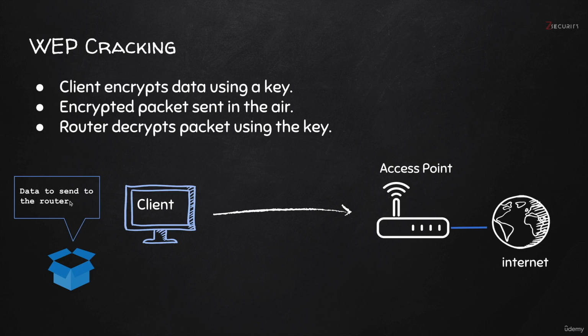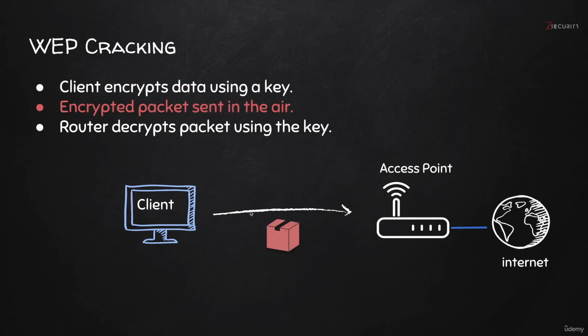Therefore, this normal text will be converted into gibberish, as you can see here. This encrypted packet will be sent into the air. So if a hacker captures this packet, as we've seen before, if we open this packet, we'll see that it's full of gibberish. Even though it actually contains useful information, we won't be able to read it because it's encrypted.